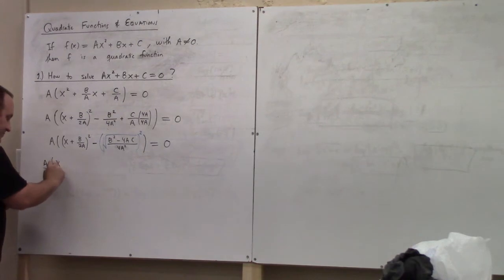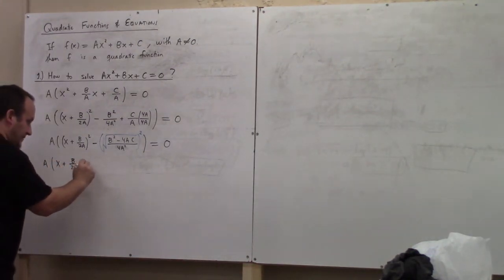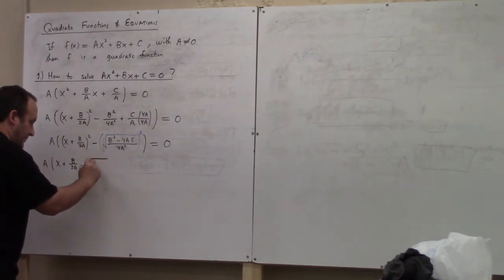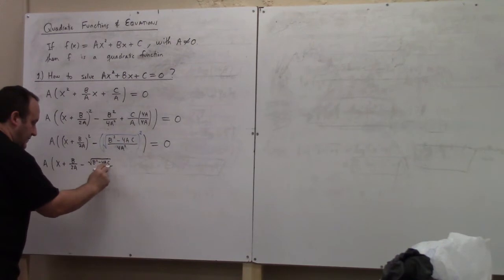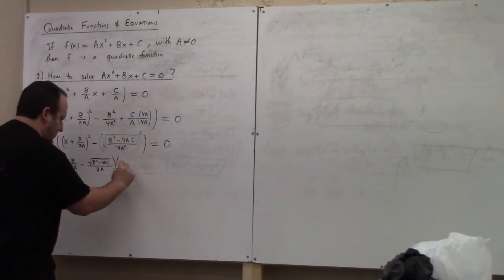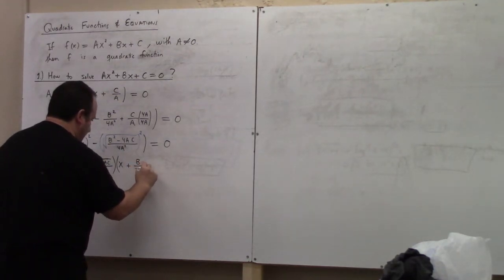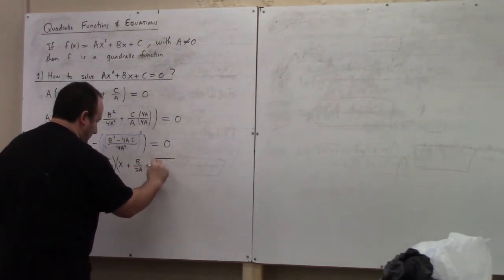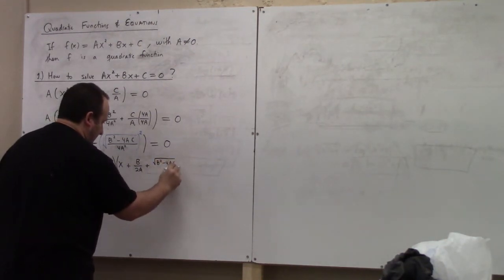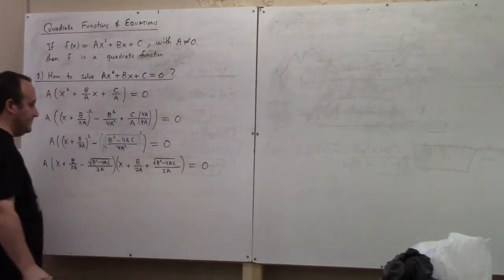A times x plus b over 2a minus the square root of b squared minus 4ac over 2a, times x plus b over 2a plus the square root of b squared minus 4ac over 2a. All of that's equal to 0.